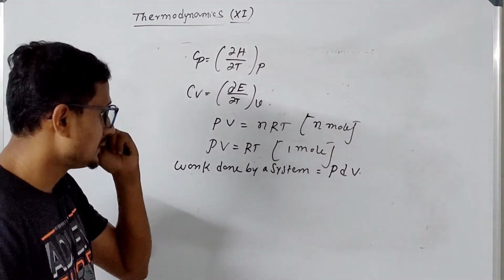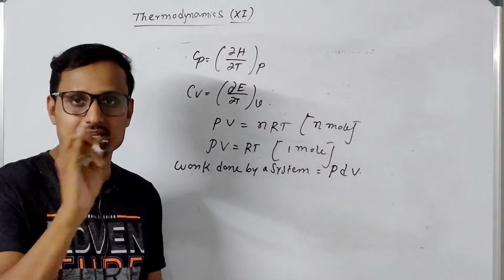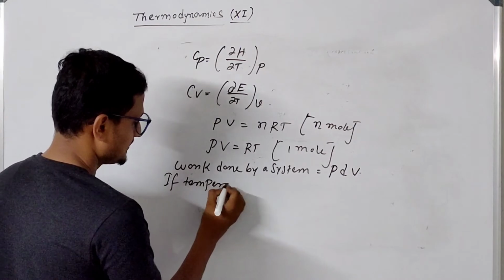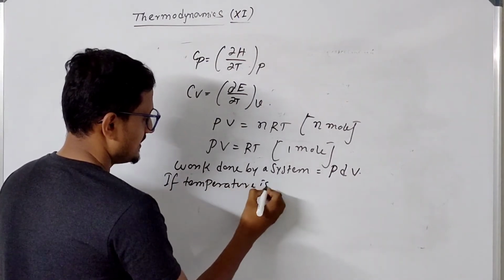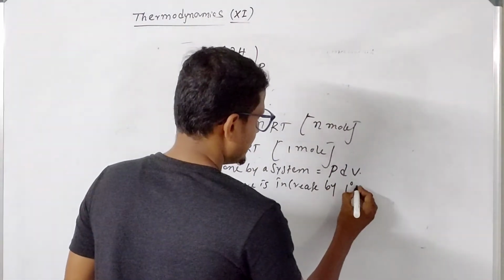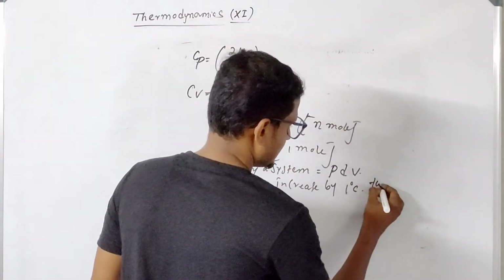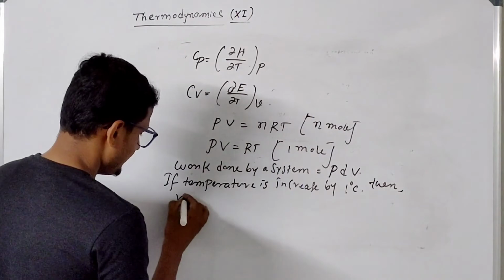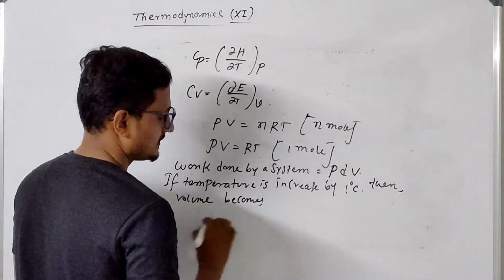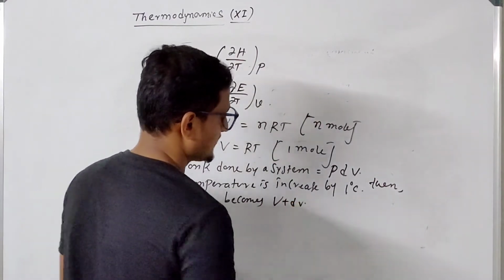Now if the temperature is increased by 1 degree centigrade, the volume becomes V plus dV.